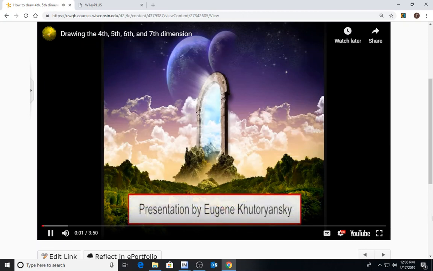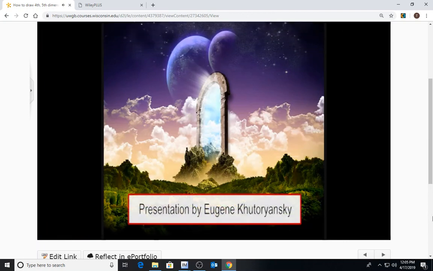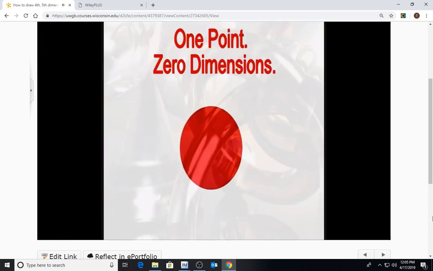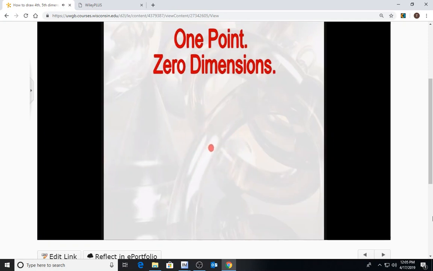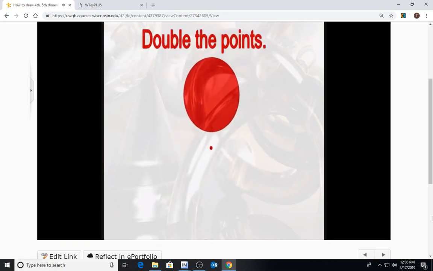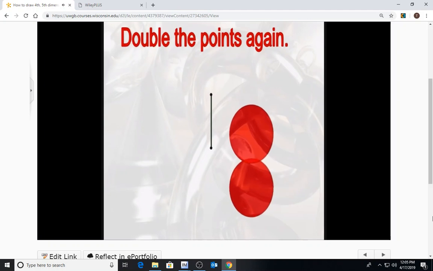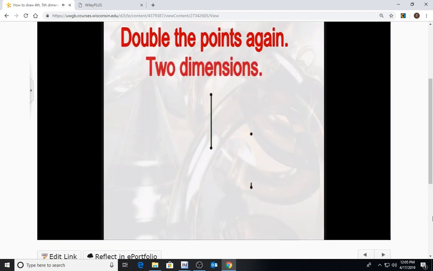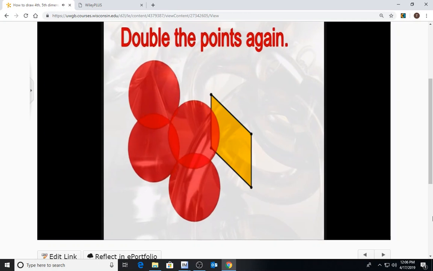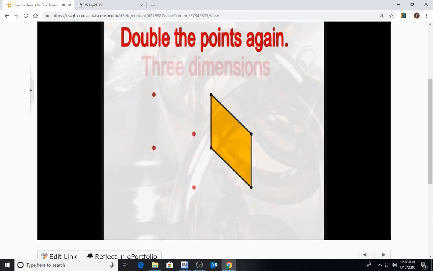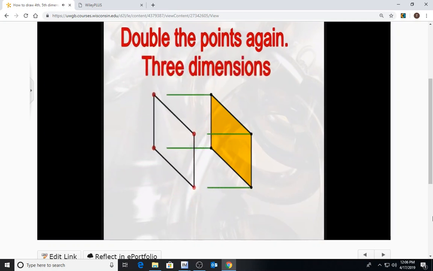How to draw 4, 5, 6, and 7-dimensional objects. One point has 0 dimensions. Double the points, and you have 1 dimension. Double the points again, and you have 2 dimensions. Double the points again, and you have 3 dimensions.